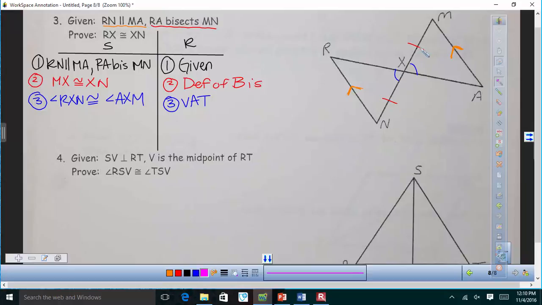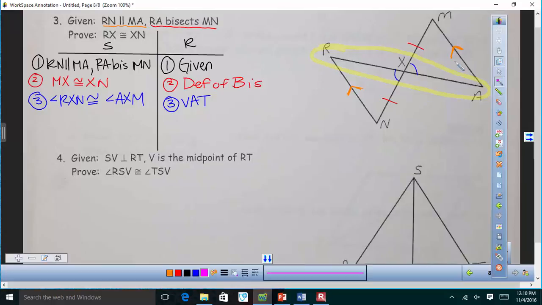No, we just have a side and an angle, side and an angle. So we talked about it yesterday. Anytime you have parallel lines, what's something you can look for to help you? Alternate interior. So which one of these do you want to be the transversal? RA. So we're going to let RA be the transversal. Could you let MN be the transversal? Yes, you could do it either way.